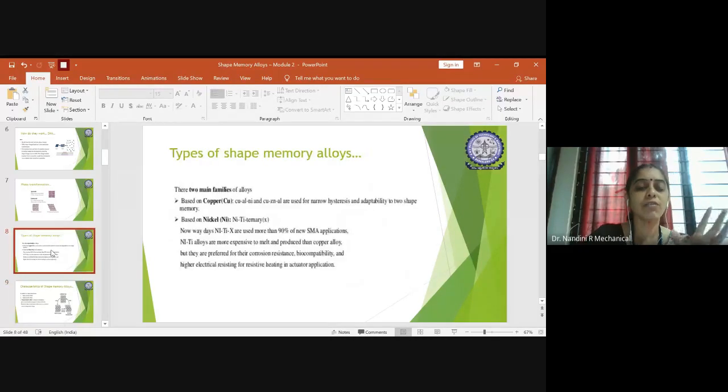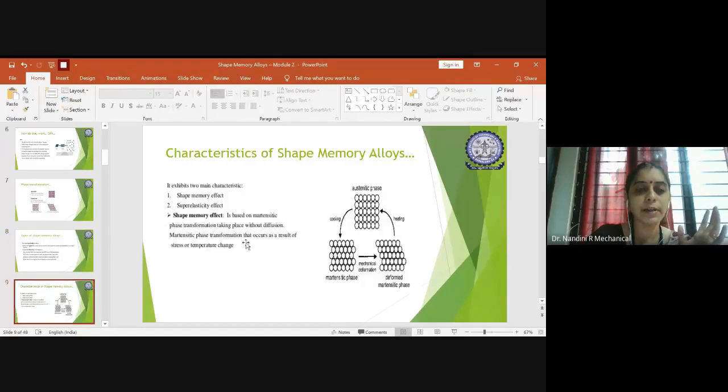So once the classification of two main families is clear, you should now understand the main characteristics of a shape memory alloy. Okay, the name itself suggests it has the capability to regain its geometry because of the memory concept. And hence one of the characteristics of shape memory alloy is the shape memory effect.